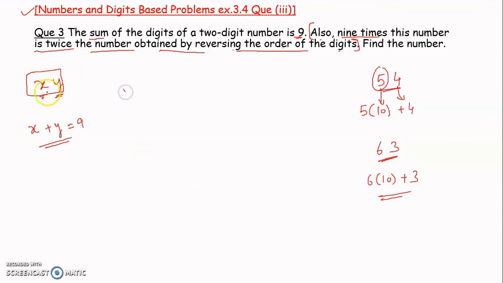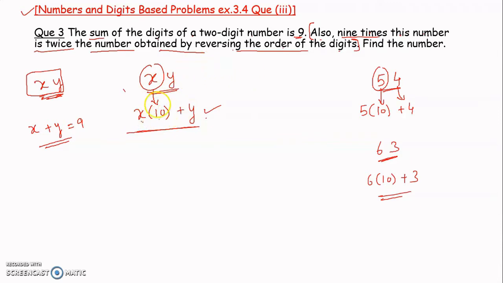This way we can represent any number. So here our number is xy, so we can represent xy as x multiplied by 10 plus y. This is the very important logic you must understand to solve this type of question, because x is the tens digit, we multiply x with 10 plus y.